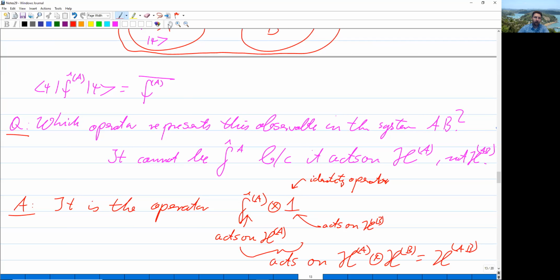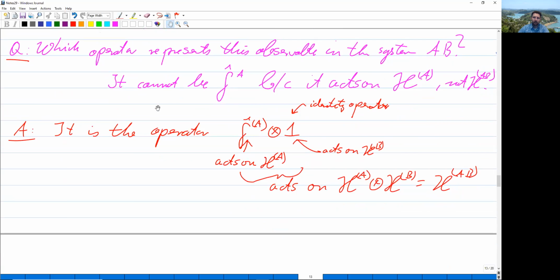Okay, so how does it act, and how do we know it's correct? Well, we have that f hat A tensor 1 acts on psi tensor phi.